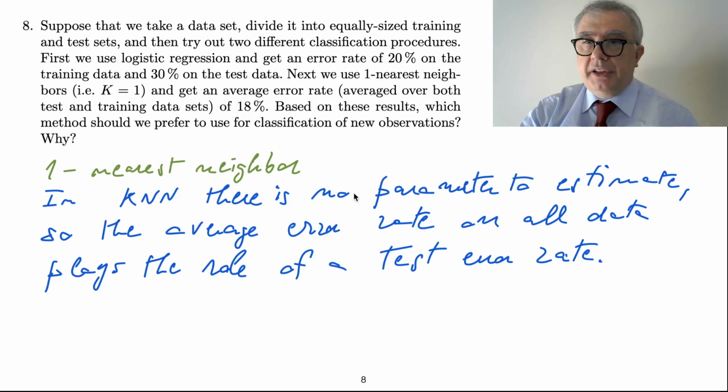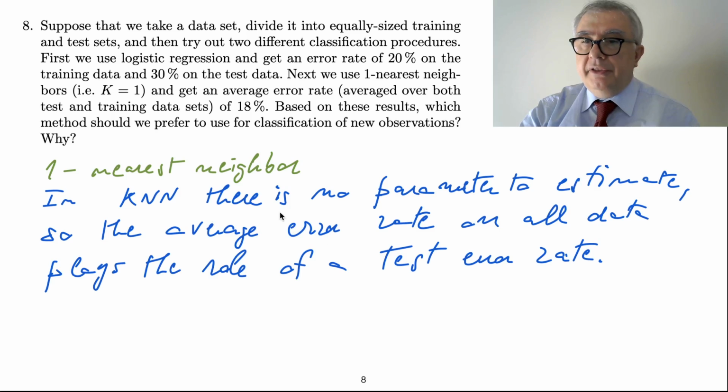I just have a rule: very simply, I take the k nearest neighbors, look at their labels, and choose the label that has the majority within this set of neighbors.